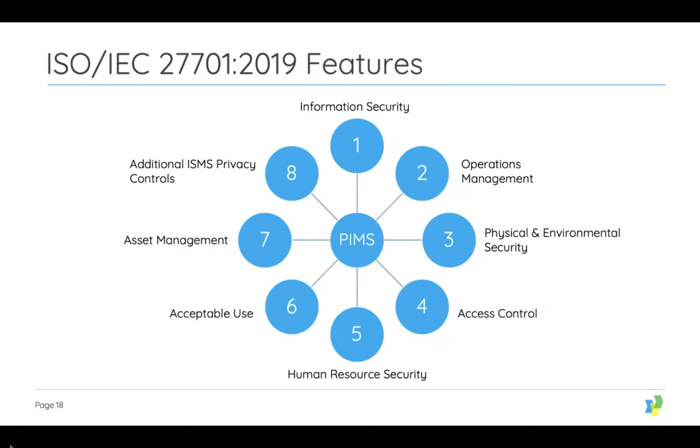It covers your information security, operations management, physical and environmental security, access control, HR security, acceptable use, asset management, and of course we have some additional privacy controls that we will see today. We'll also see the alignment to the standards and what exactly you will need to do, the PII controls and the implementation of PII controls to actually achieve certification.